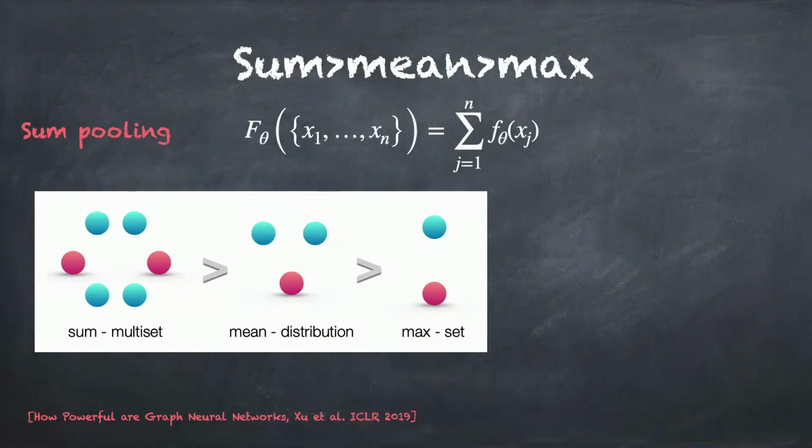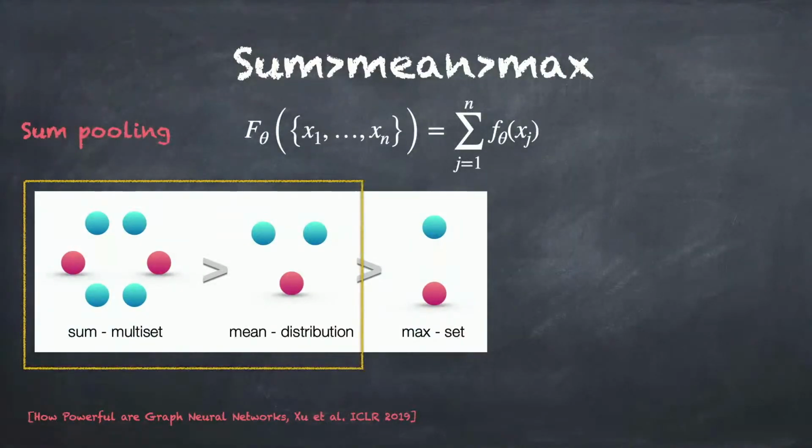It shows that if you look at these two multisets, where one has 6 elements and one has 3, something based on summation, where you apply some function and then sum, will be able to separate these two things, but taking the mean will not, because the mean basically thinks of the multisets as a distribution. As long as the blue and red are distributed evenly, it will not be able to separate that. So in our context, this is bad.